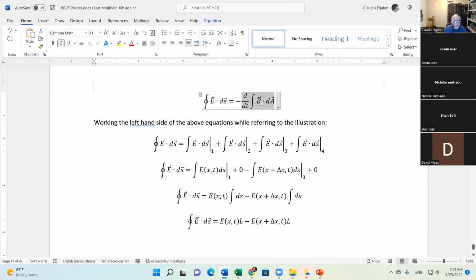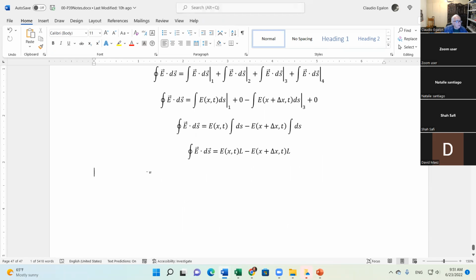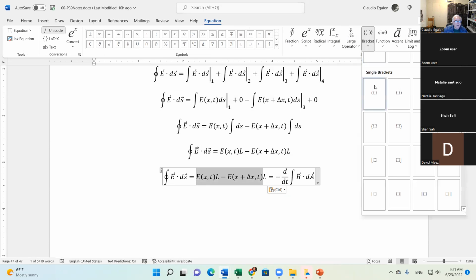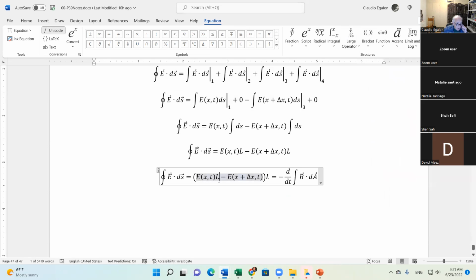Now we are going to worry about the right side of the integral. Let me write it down. I'm going to copy and paste here. We don't have L here like that, right? And now we have to worry about this integral here. Don't forget, this is a magnetic flux over an area.